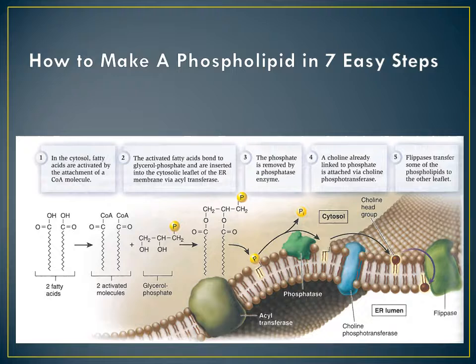What organelle is responsible for building phospholipids? There's an organelle. It builds things. It is the smooth endoplasmic reticulum. The smooth endoplasmic reticulum is where you're going to build phospholipids. So all of this happens there.